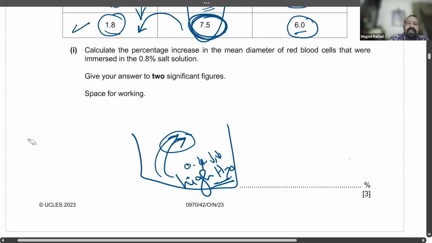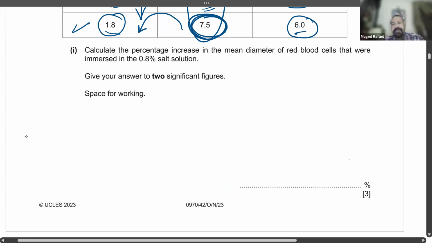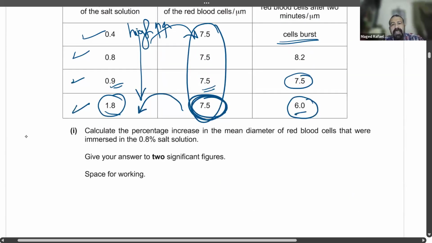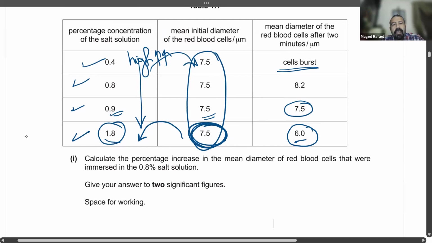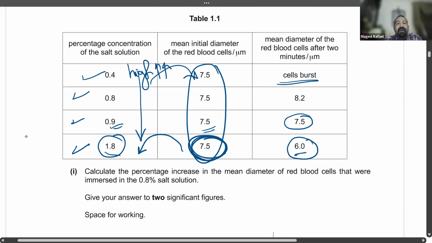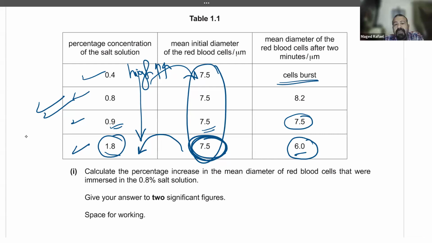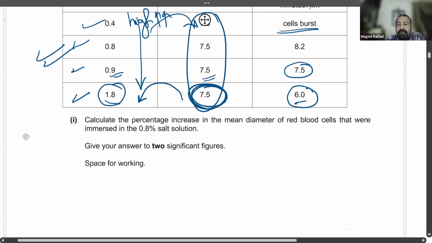Percentage increase. So, try to answer this with me. Calculate the percentage increase. He's talking about the second one. Percentage increase in the mean diameter of the red blood cells in 0.8 salt solution. What is the formula first of the percentage increase?